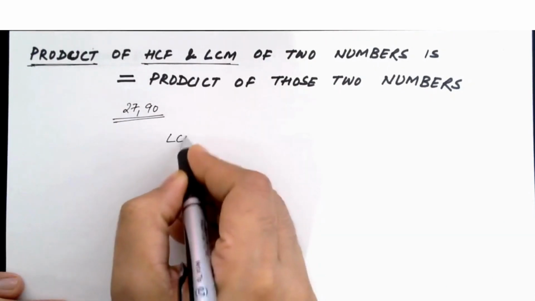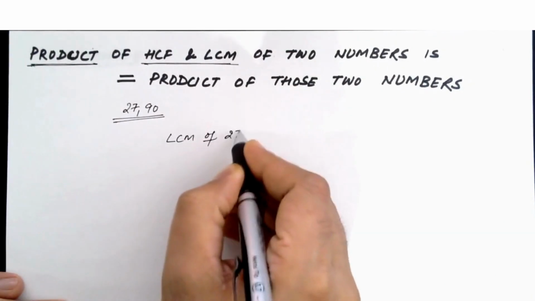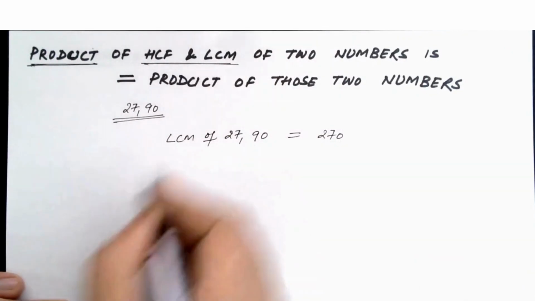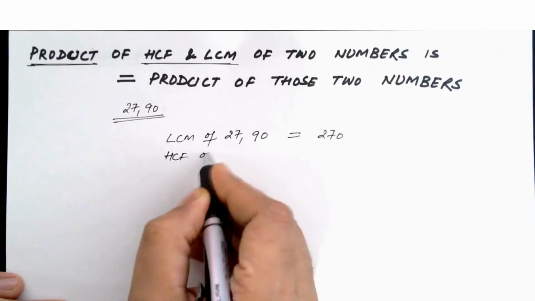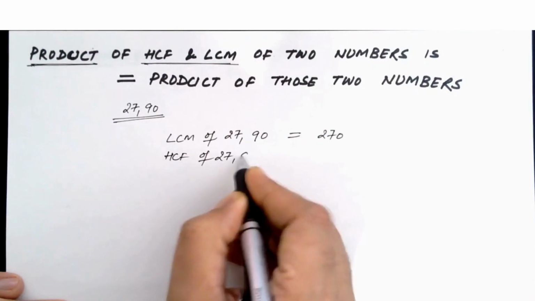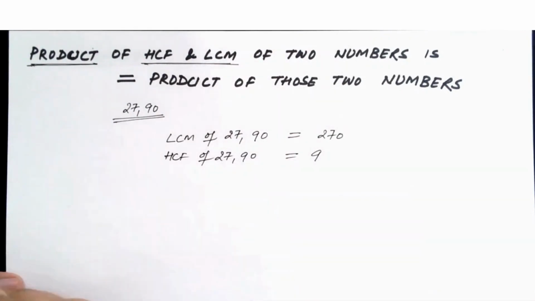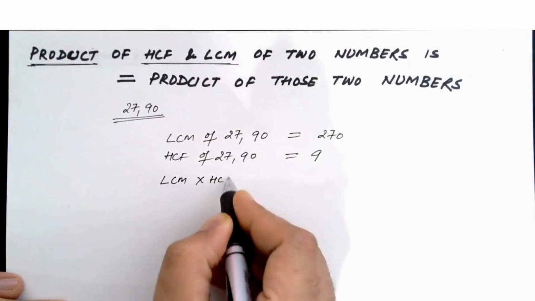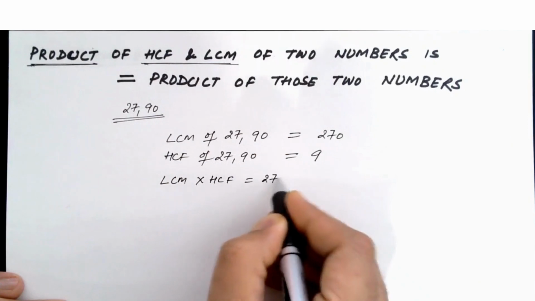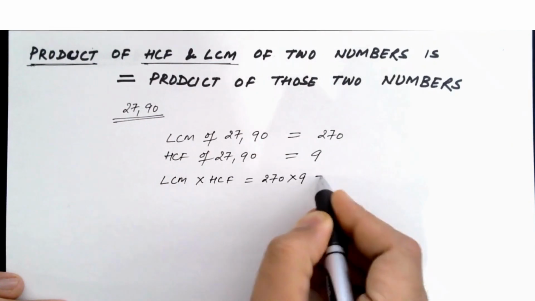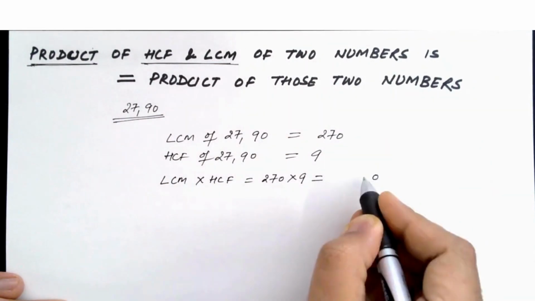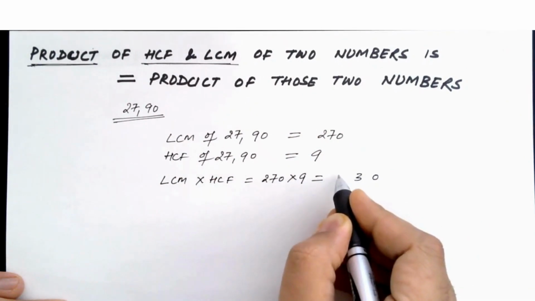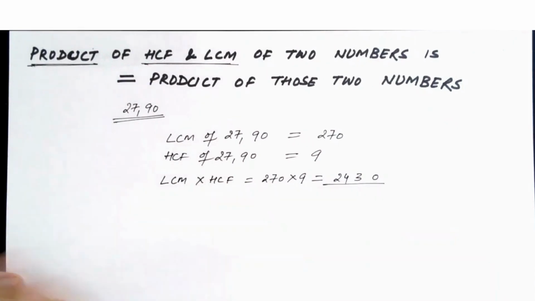The LCM of 27 and 90 was 270. The HCF of 27 and 90 was 9. So if you multiply the HCF and LCM, that is 270 into 9, this is 2430.